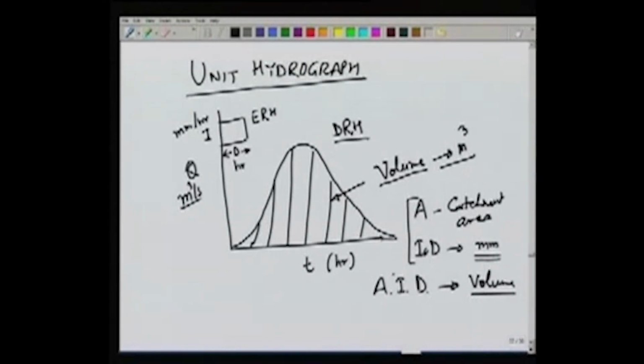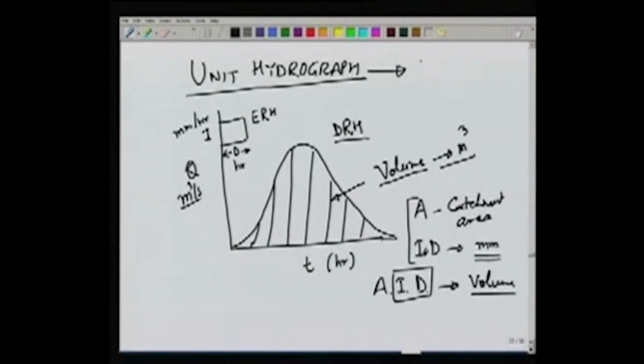So this I into D is the amount of rain which is falling in terms of depth. This is the depth of rain falling over the whole catchment area, and this will be different for different durations and different intensities. So when we talk about unit hydrograph, we say that we normalize the depth of rain to a unit quantity.